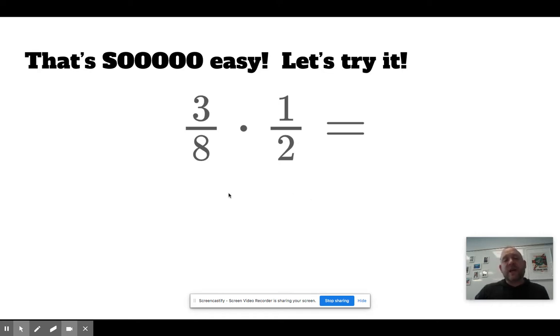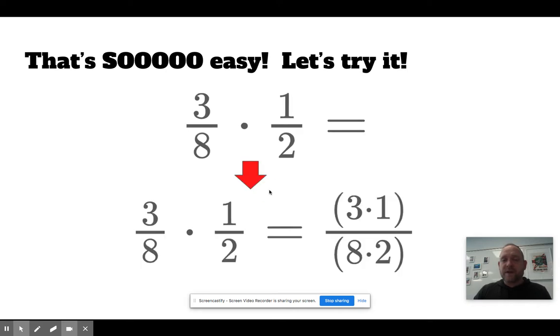So I have 3/8 times 1/2. All I'm going to do, remember, is I don't even need to put my number over 1 because this time I gave you one that was a little bit harder. I have a numerator and a denominator all ready. So I'm just going to multiply my 3 times 1 straight across, and then my 8 times 2 straight across. See if you can do that in your head.